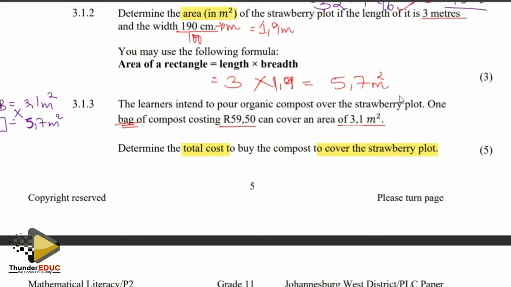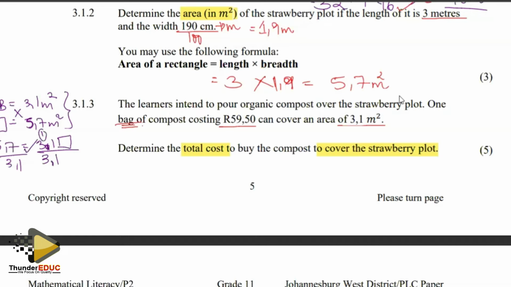Don't worry, we cross multiply. That means 5.7 equals 3.1 times the box. Because we want our box to remain on one side, we divide through by 3.1. I'm doing this for you to understand, because some people ask, well, are we going to divide? Are we going to multiply? I do this formula here. Doing this, you don't get a mark, but it will guide you on what to do. The marks will start from here.